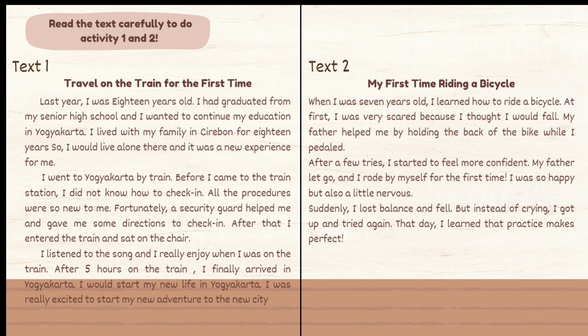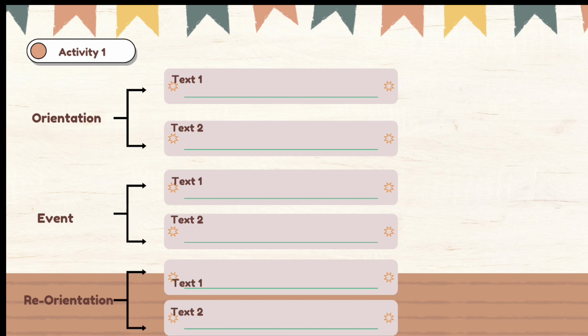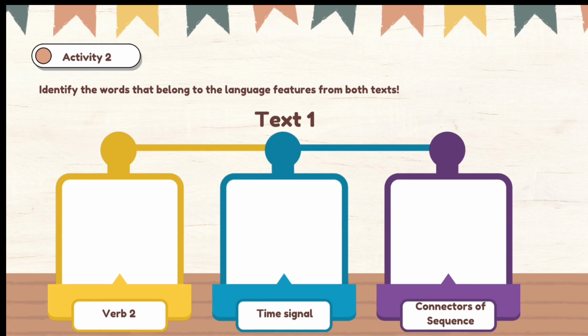Now, please, I gave you the worksheet. In the worksheet there are two tasks and you have three activities. For activities 1 and 2, please read the text carefully. What do you do in activities 1, 2, and 3? For activity 1, please identify which part is the orientation, event, and reorientation of the text.